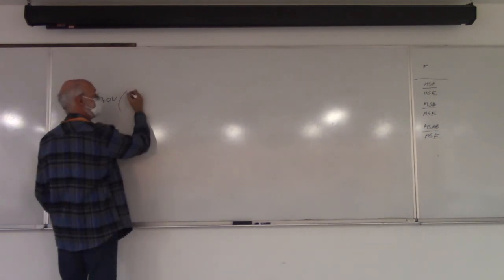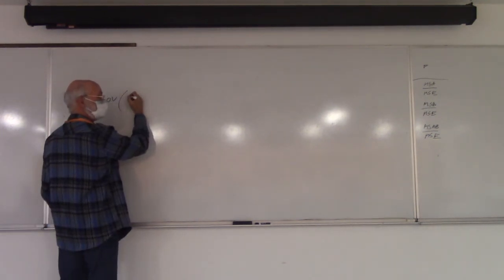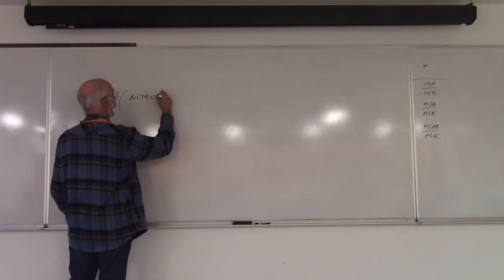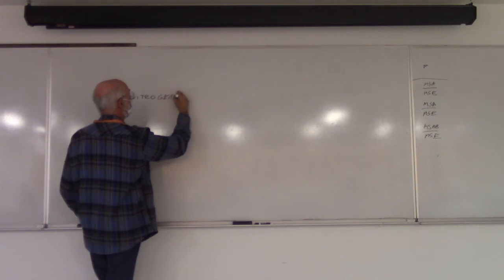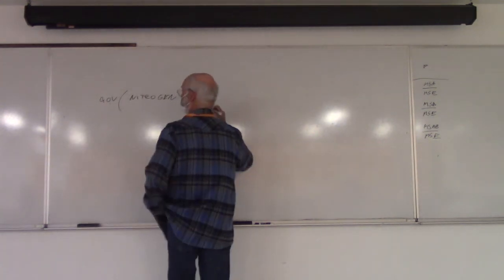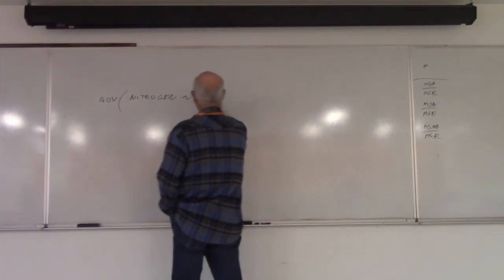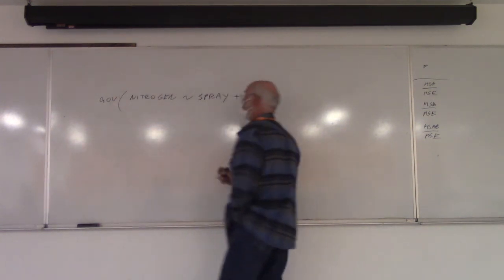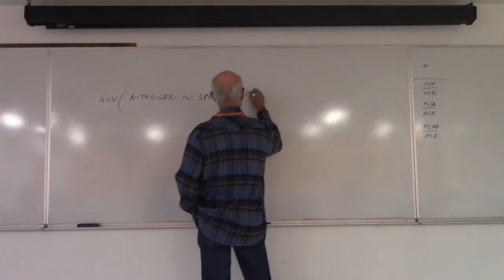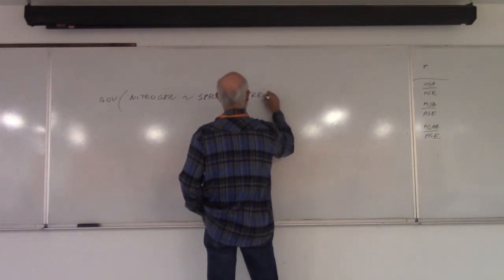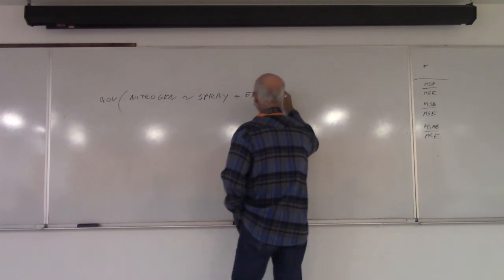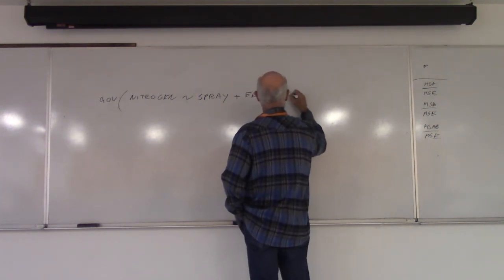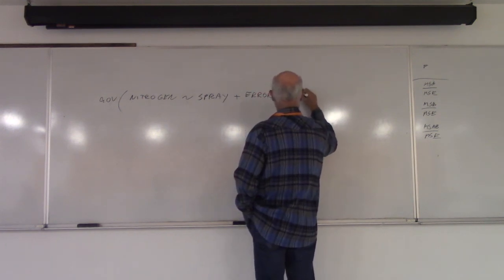And then what was the response? Nitrogen as a function of, and then what did we have? Spray. And then I have plus Error. And then I specify spray. And I've forgotten how I indicated the nesting.